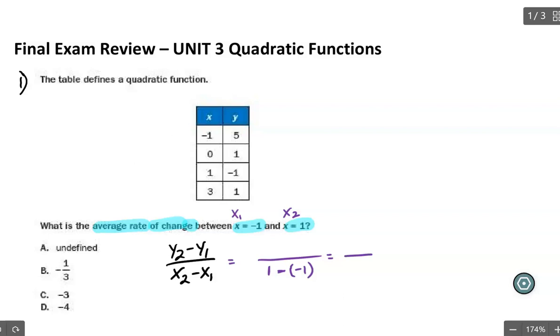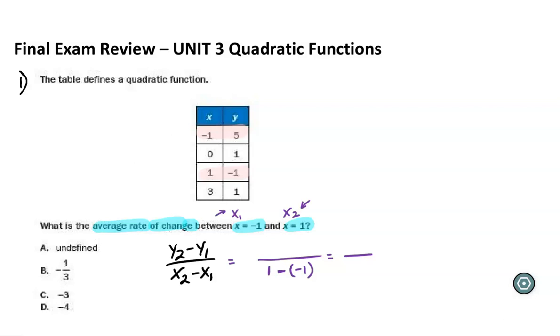So then now I have to look somewhere here on this chart. Find -1 for x, find +1 for x, and then tell me what those y values are. So you are going to look here and here. Then you decide which one's y2, which one's y1, and remember, your decision is based off of what these are.